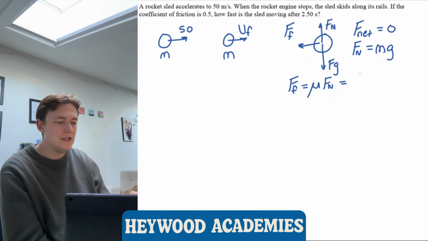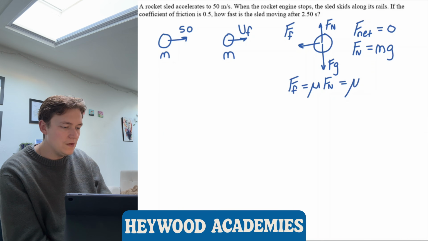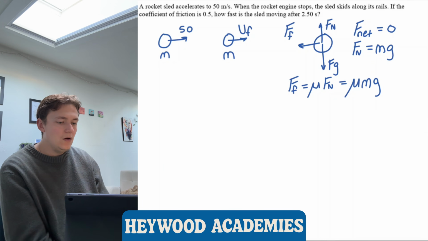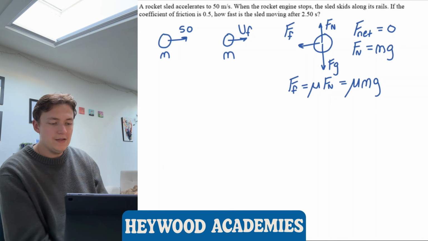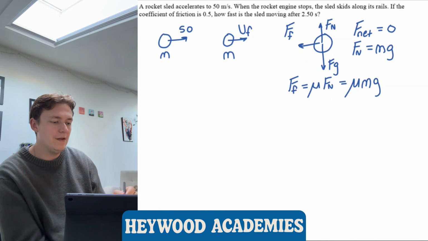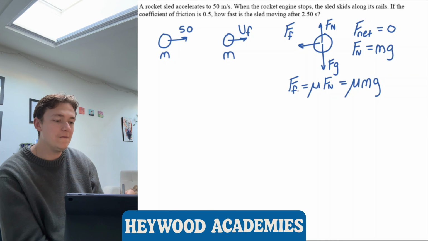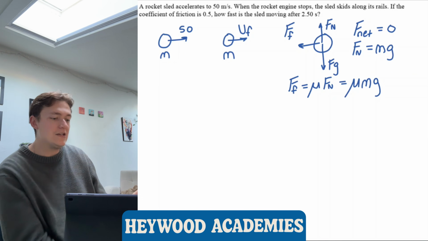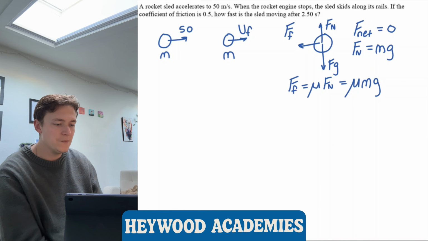But we know the normal force is m times g, so we can use coefficient times m times g. Okay, now we can go and use this in our other equations. So when we're talking about momentum and impulse, the force that we're talking about in this case is the friction force, because that's the direction where our velocity is changing. So in the x direction in this case.